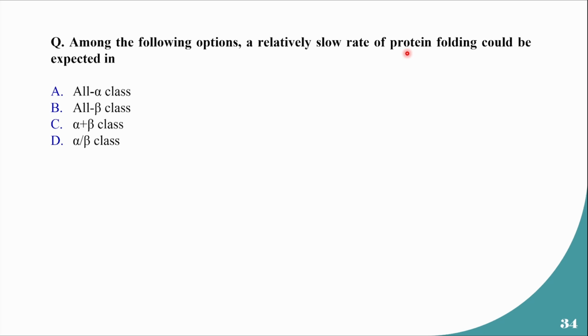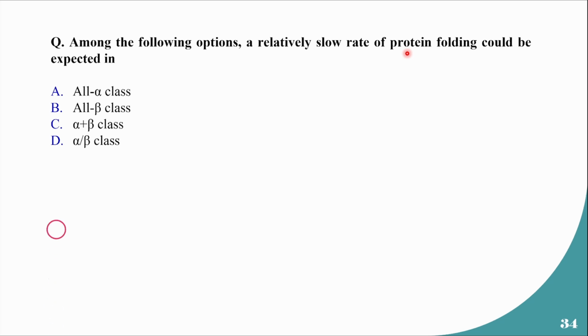That is what the question is asking in a roundabout way. I guess all beta, because there will be hydrogen bondings between the two sheets.